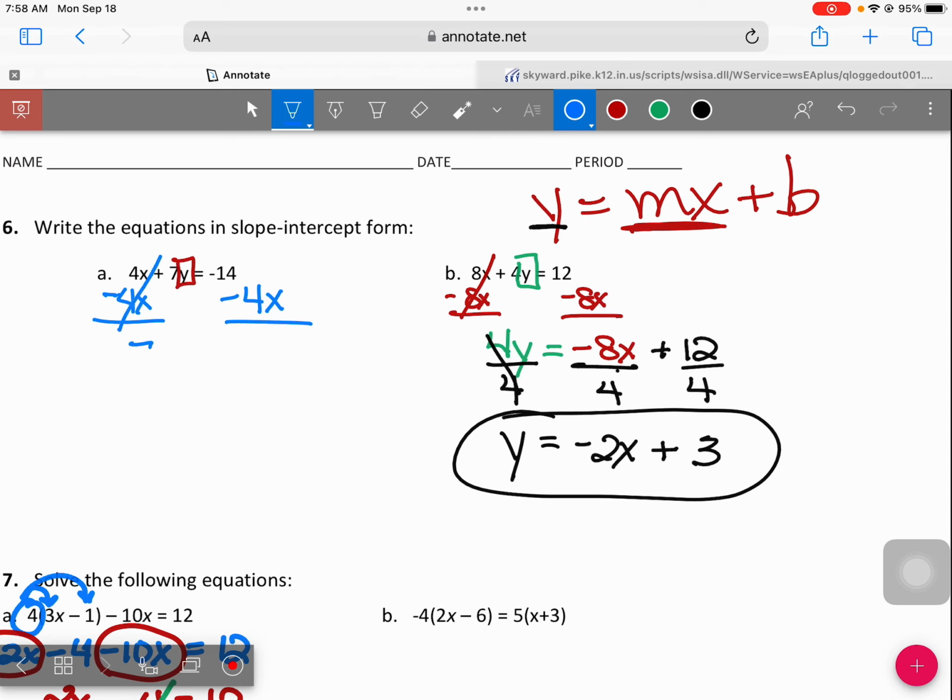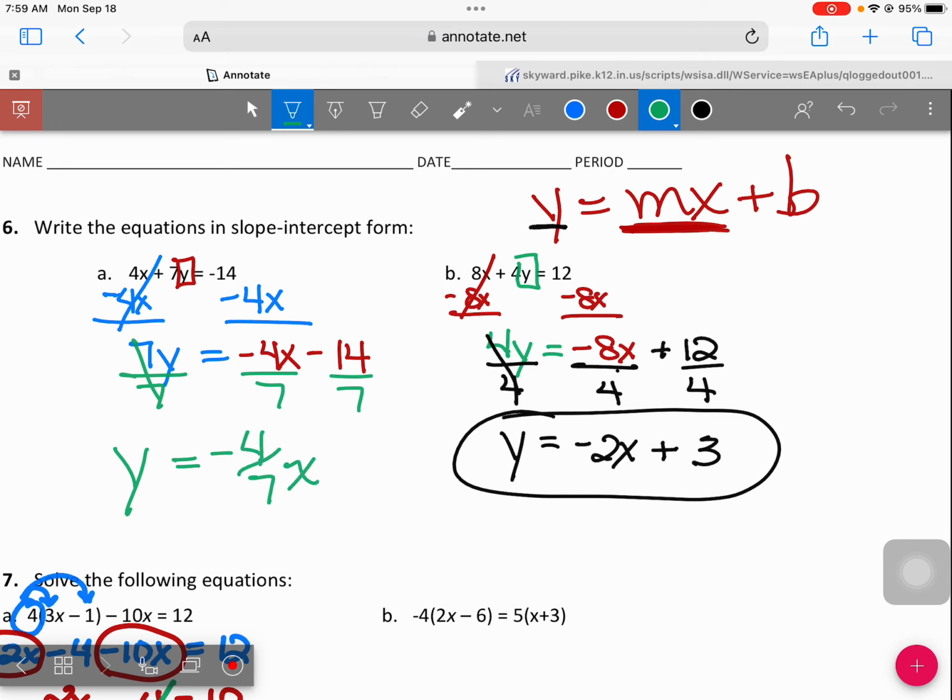And I get 7y equals, I cannot combine those, negative 4x, I put the x term first because it's right after the equal sign, minus 14. I don't want 7 times y, I just want y, so divide everything by 7. Y equals negative 4/7 x minus 2.